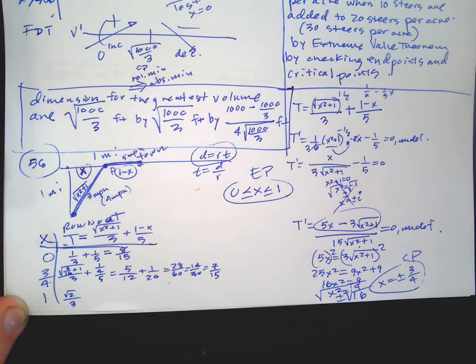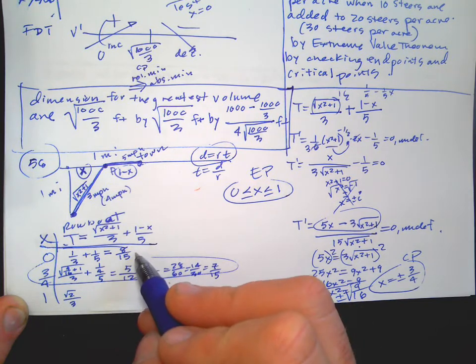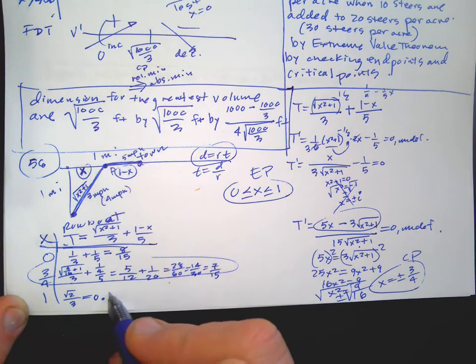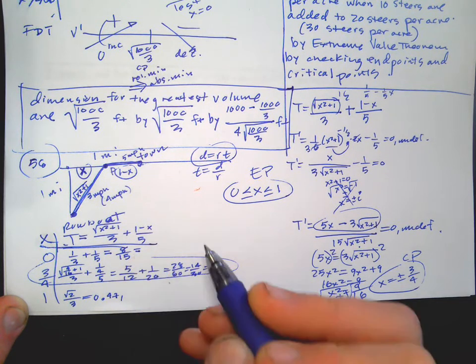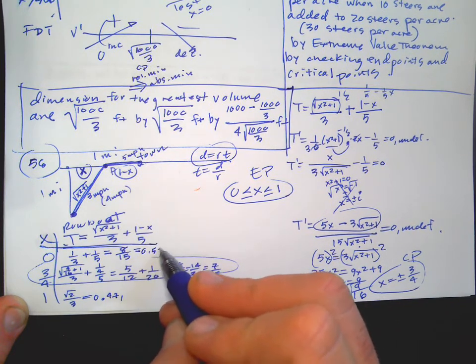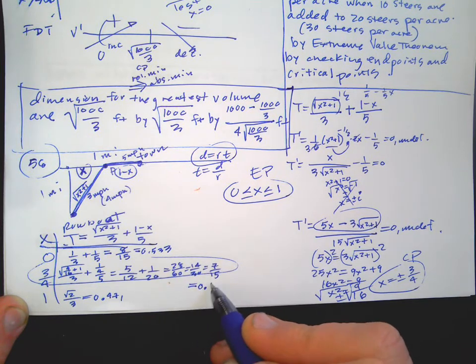Now we could try and estimate these. These are clear. This is definitely smaller than this one. This one I'm not really sure, but on your calculator it is 0.471. On your calculator this is a little bigger than half, right? It is 0.533. These are really close, so let's go ahead and just use our calculator. 0.467.